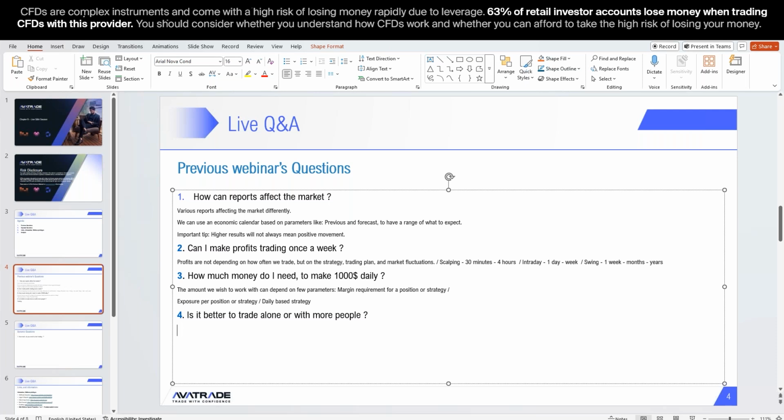Depending on the case, trading with more people can be very beneficial. It can be very worthy to trade with more people, but that depends, as we said, on how we're using the group, the rest of the people.